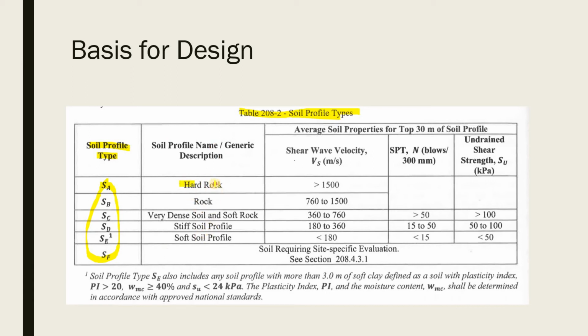So we have the hard rock, very dense soil and soft rock, stiff soil profile, soft soil profile, and then here is the shear wave velocity, Vs in meter per second. And we have here the SPT N blows per 300 mm, and the undrained shear strength, Su in kPa.